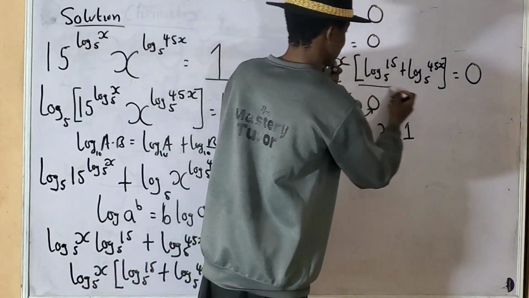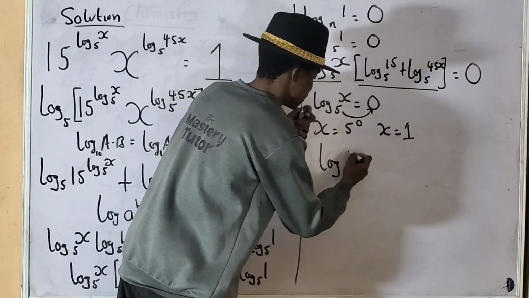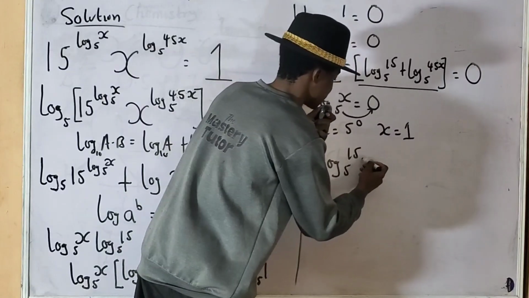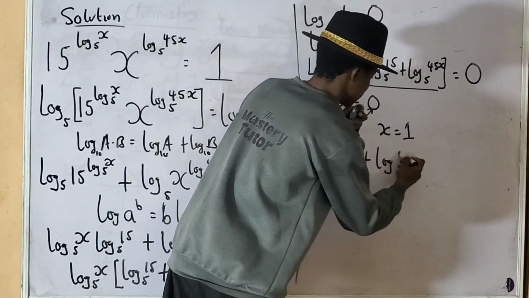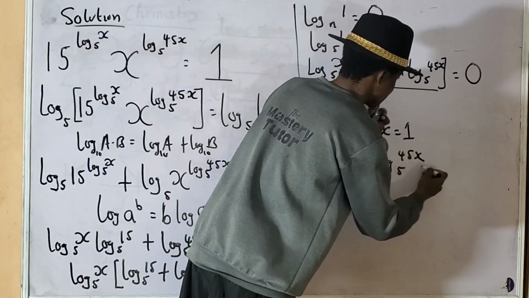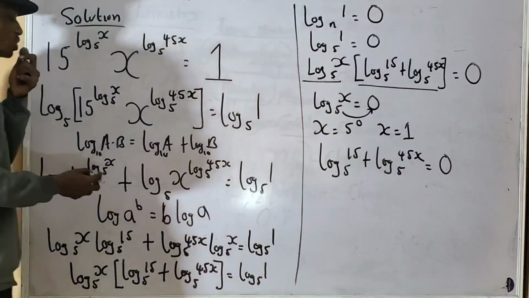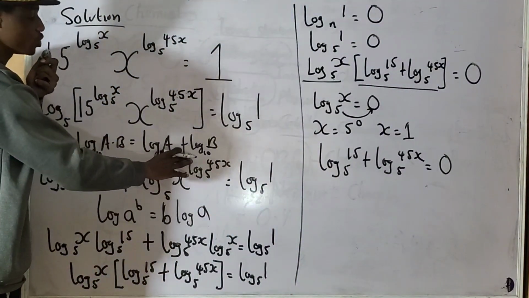Now, I can also set this equal to 0. So we're going to have log 15 base 5 plus log 45x base 5. This will be equal to 0. Now, you're going to use this law, but you're going to reverse it.